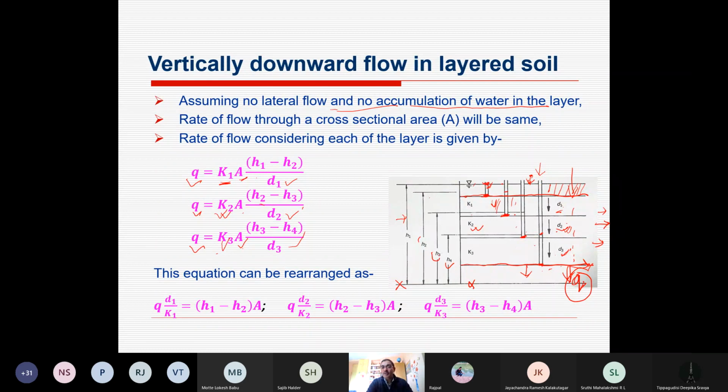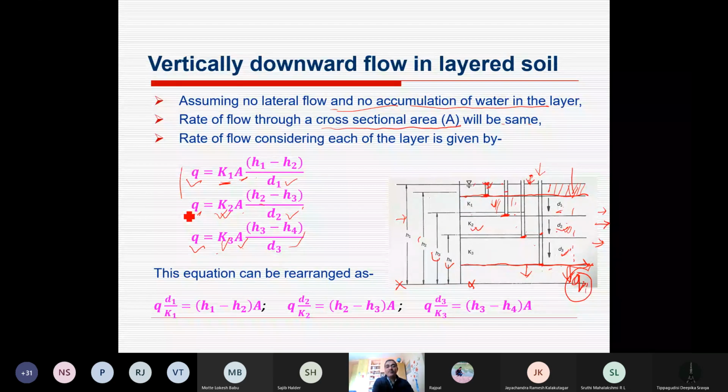So the rate of flow through the cross-sectional area A will be the same as what is coming out at the bottom, and the rate of flow from each of the layers can be put like this.